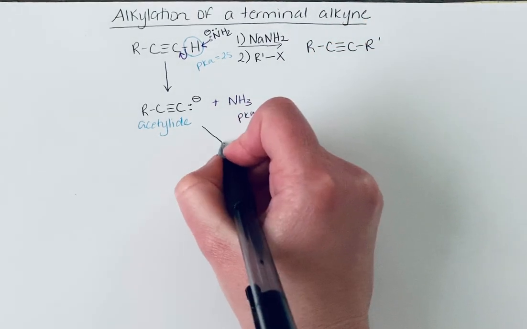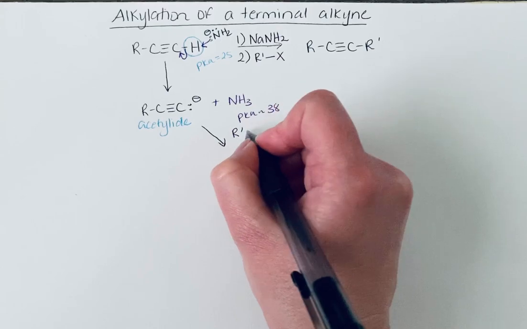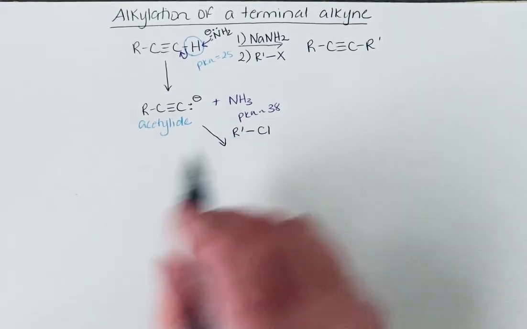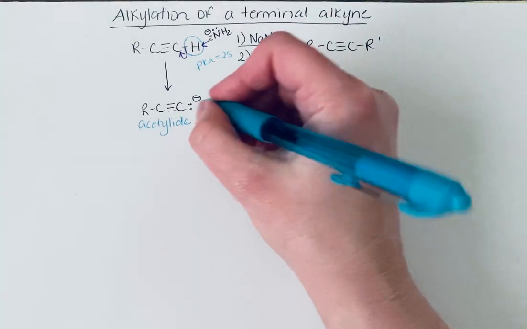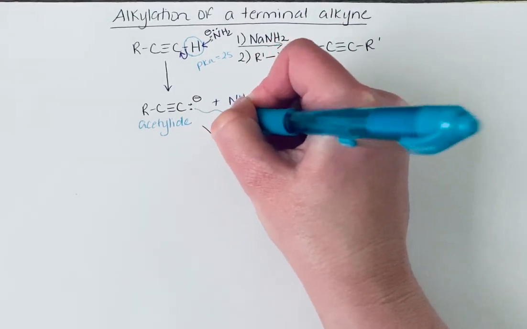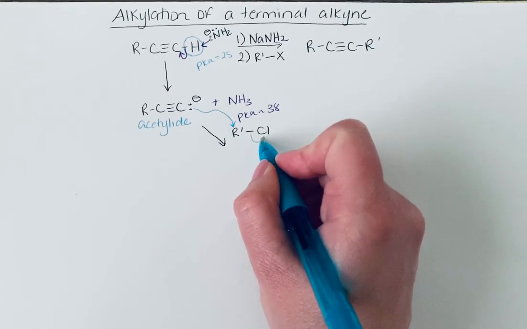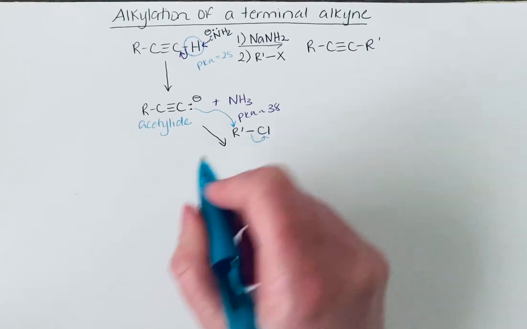So if we were to add, say, our R group attached to chlorine, these electrons would attack the carbon that is attached to that chlorine, and the bond between the carbon and the chlorine would break.